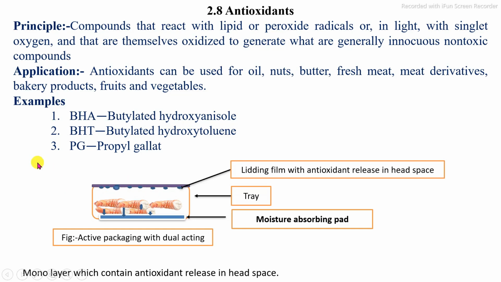Examples of antioxidants are butylated hydroxyanisole, butylated hydroxytoluene and propyl gallate, used in this active packaging system.